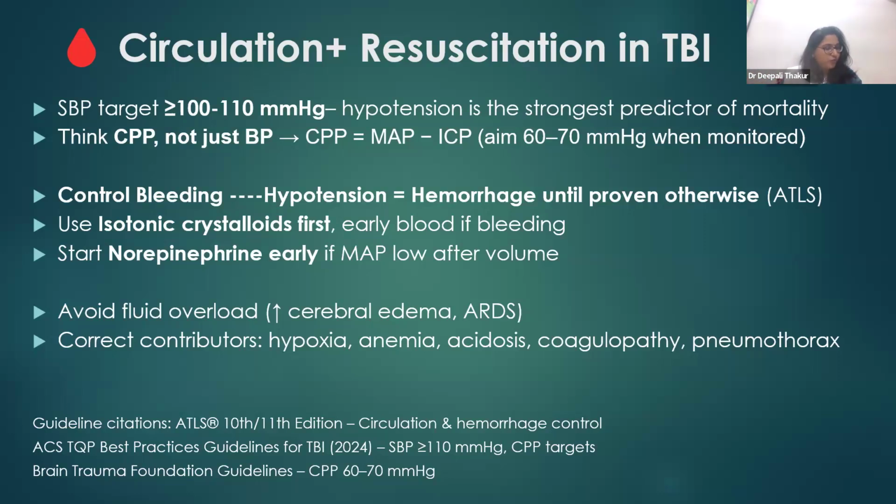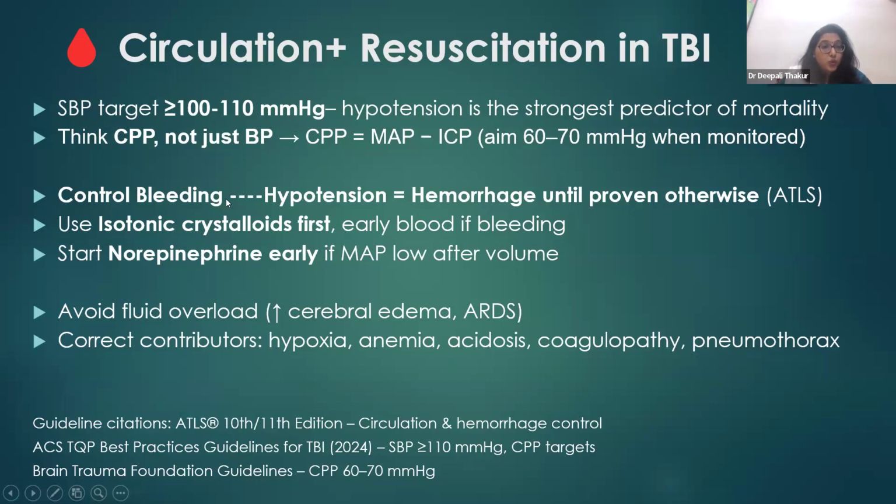For the age group of 50 to 70, they have a target of 100, and below and above that, the target of 110 has been redefined because, as I said, it is the strongest predictor of mortality. Whenever you are managing or resuscitating these patients, keep in mind that you are not just targeting values, you are also keeping in mind the cerebral perfusion pressure. The target for this is set as 60 to 70 whenever we are monitoring.